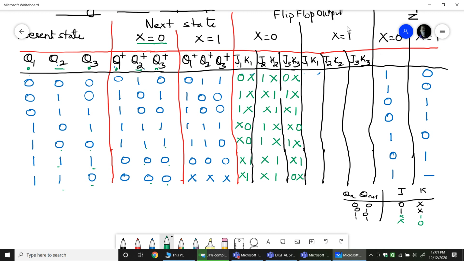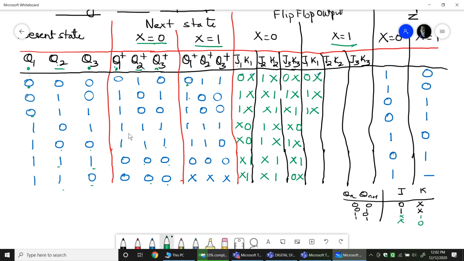Coming to x equals 1, we need to see at x equals 1 for this. So 0 0 0x, 0 1 1x, 0 1 1x. So you keep on writing for finding out all these JKs.